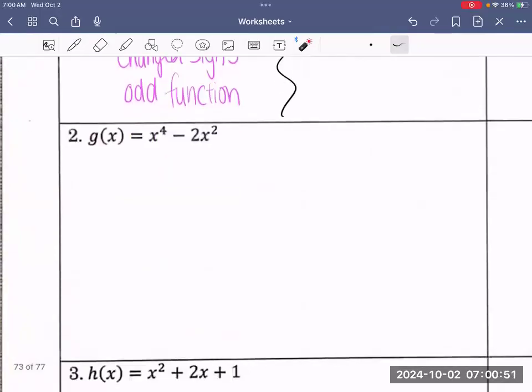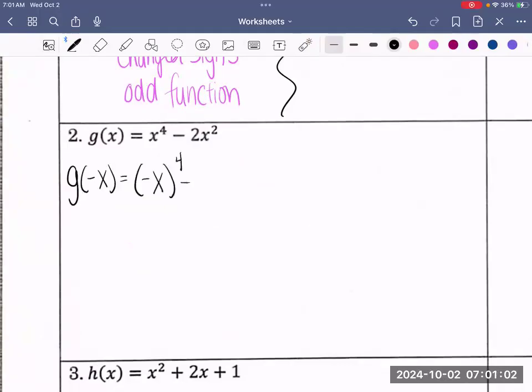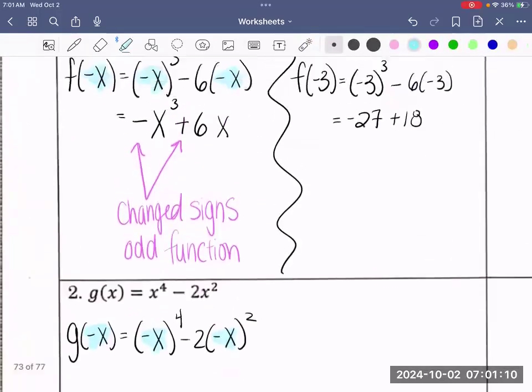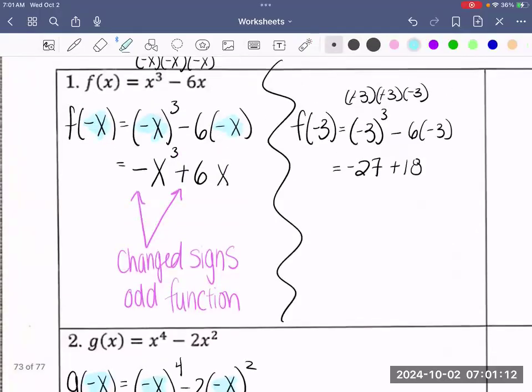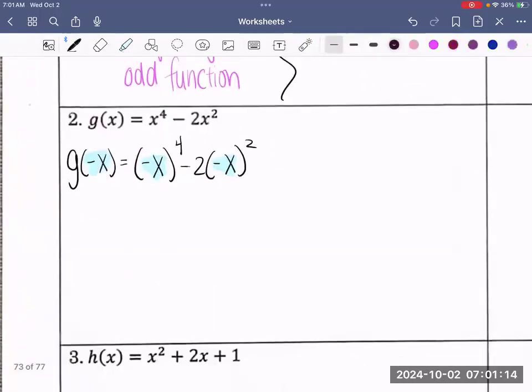Let's take a look at your next one. So plugging in a negative anywhere you have your x value: negative x to the fourth minus 2 times negative x squared. So again, just subbing in a negative, or if you prefer, you can sub in an actual negative number, as long as your function supports the negative.